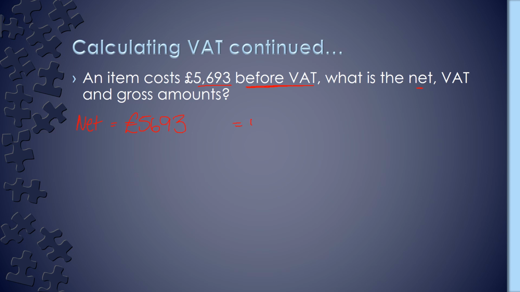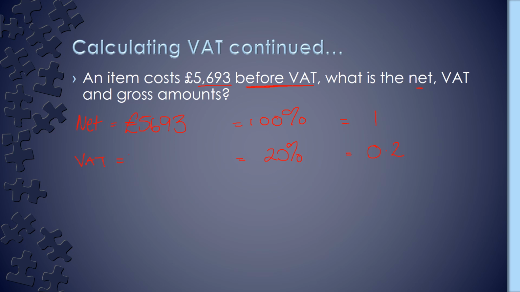Our net amount equals 100%, so in decimals that's 1. Our VAT is going to be equal to 20%, and in decimals that is 0.2. So always think of it in relation to your net, because that's always 100%. So your VAT is 0.2 of your net, 20% of your net.